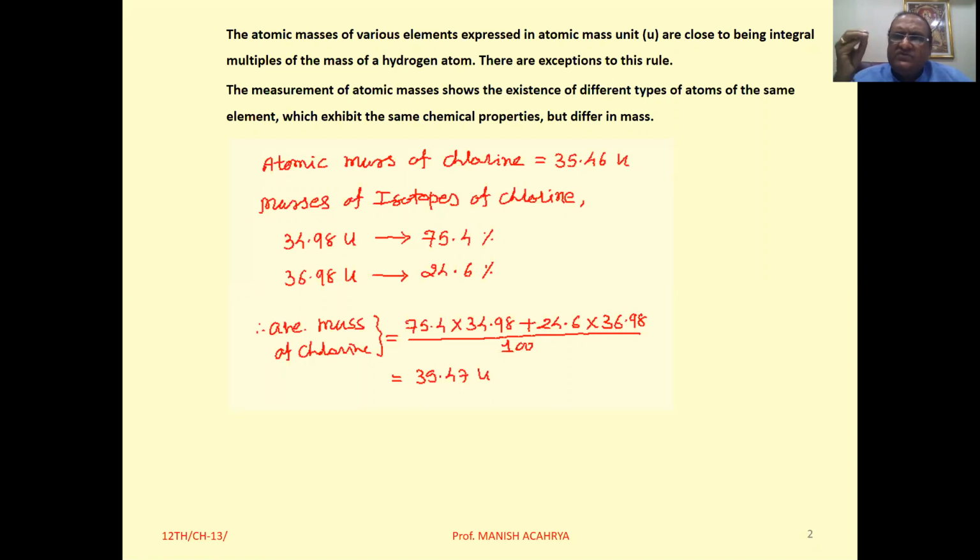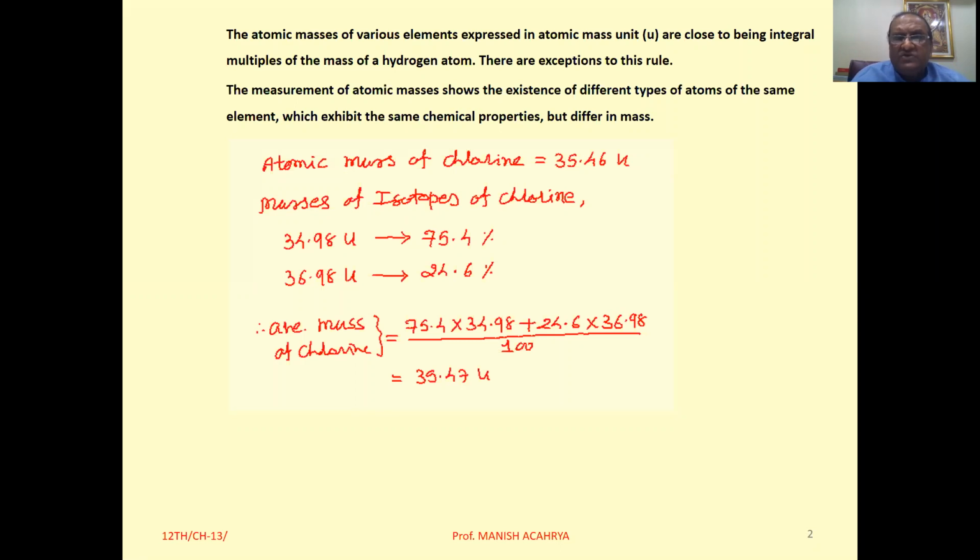So it is very less compared to the mass of proton, and therefore we say almost the entire mass is concentrated in the nucleus.